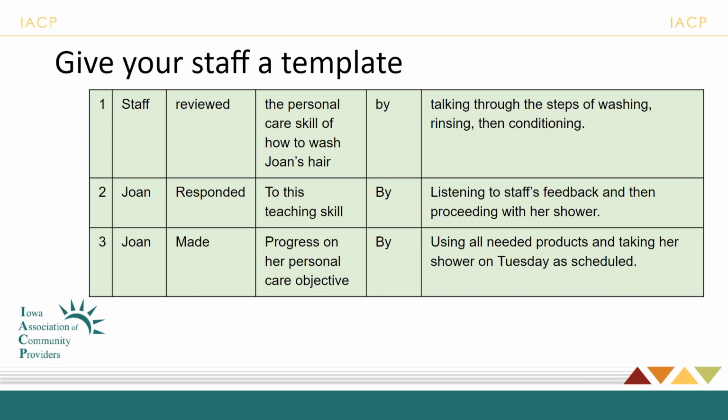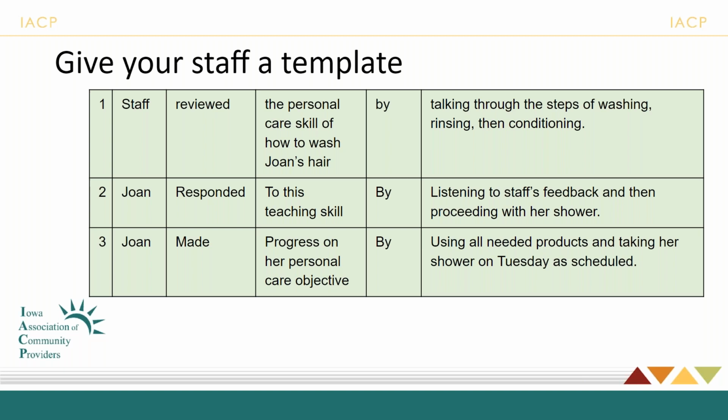Joan made progress by. And if Joan is someone who needed physical assistance in washing her hair, your staff reviewed the personal care of how to wash her hair by talking her through her steps and then assisting her in rinsing out her conditioner or whatever the skill was.